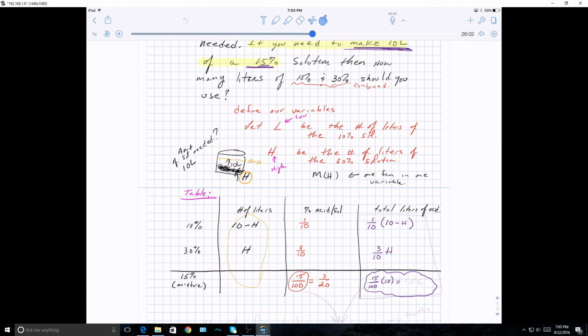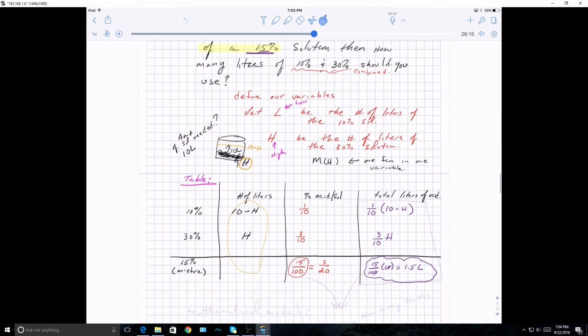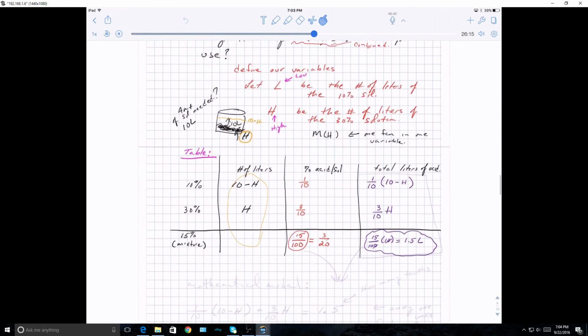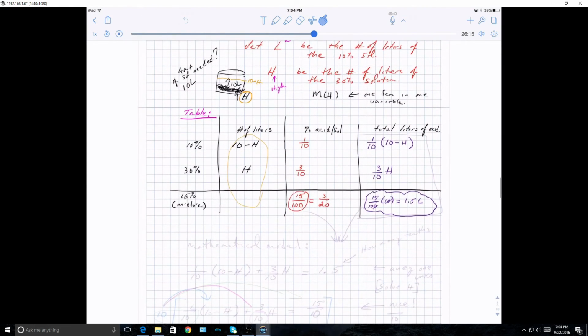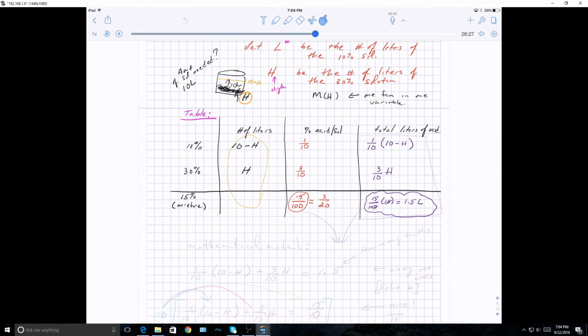That looks like 1.5 liters in total is what we're going to be looking for to create this mixture. So if we take the total of the two different concentrations and put them together, we should acquire 1.5 liters for a total solution.